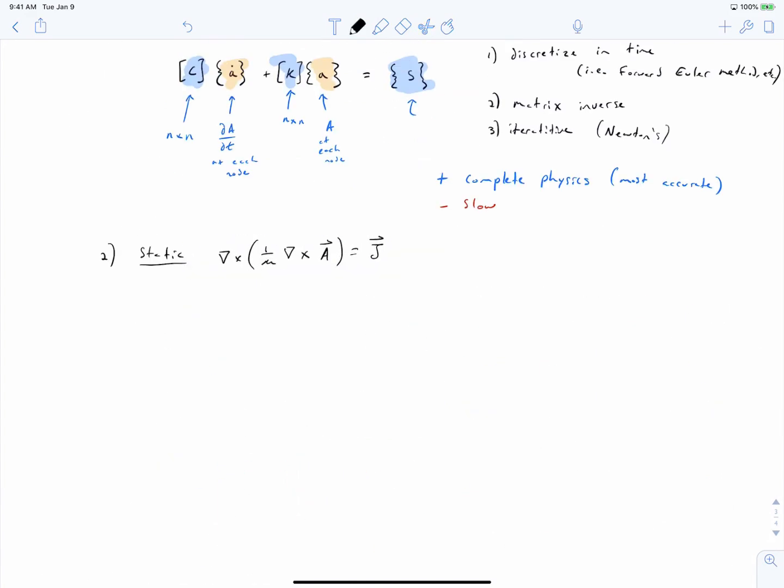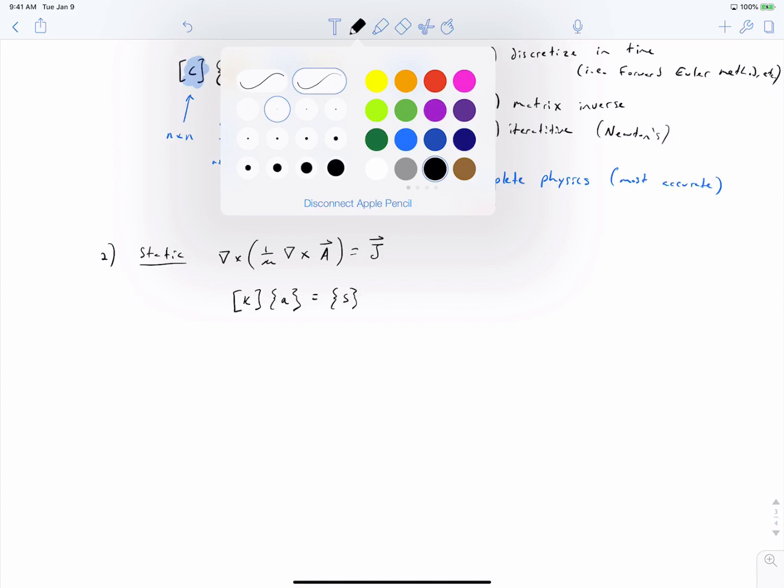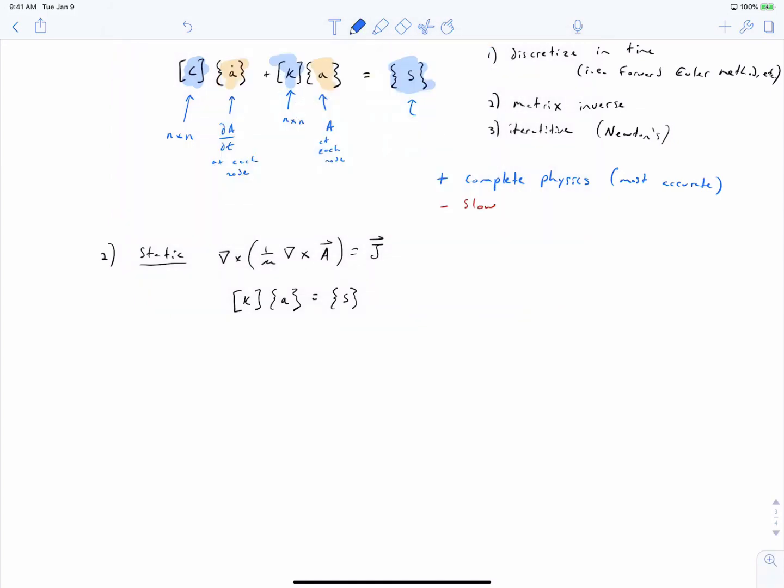And in that case, our set of matrix equations becomes the following, which means that we have no time steps required. There's no time derivative here. We do not need to discretize this in time. And so the obvious advantage of this is that it's fast.